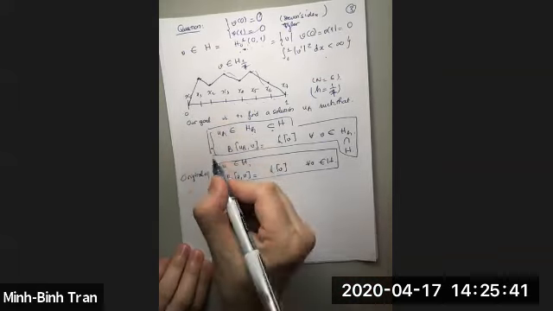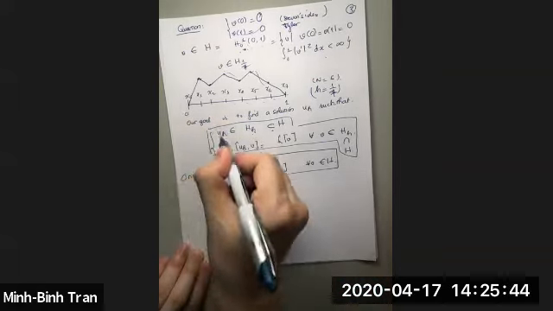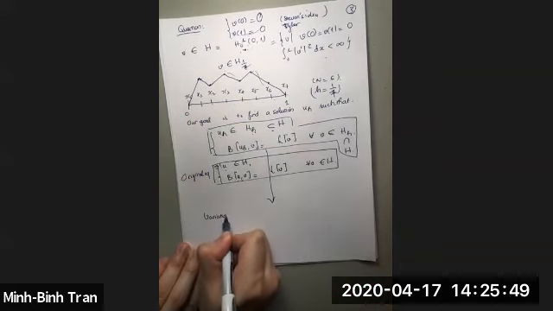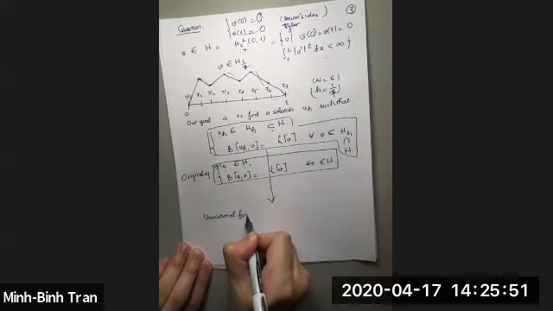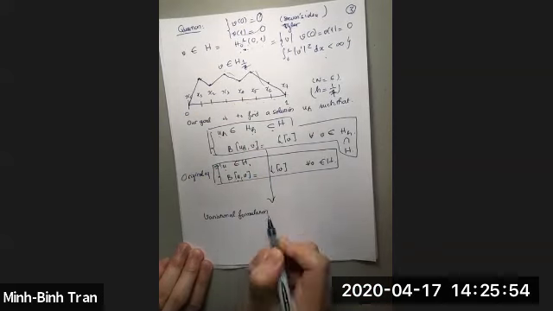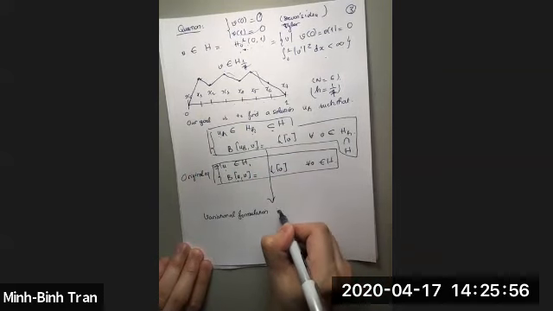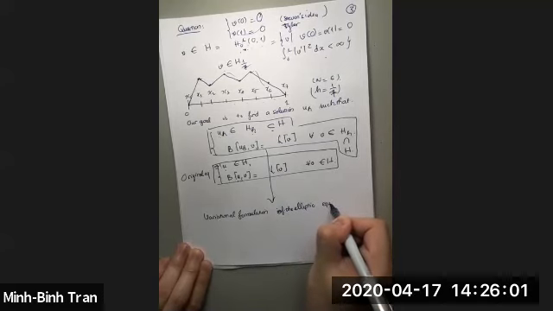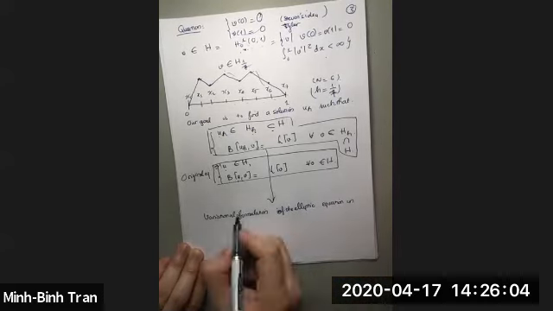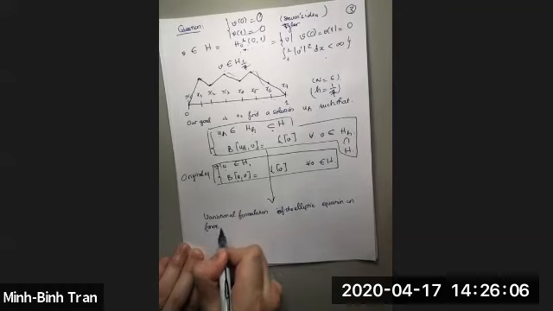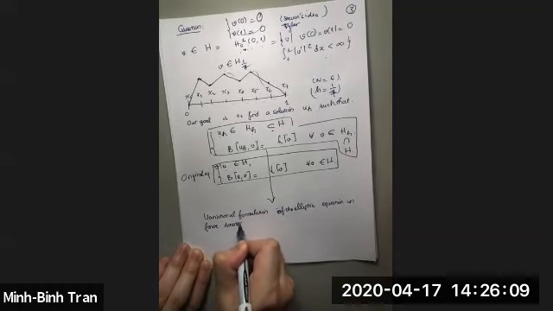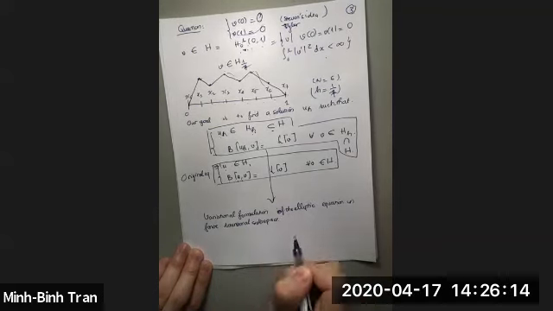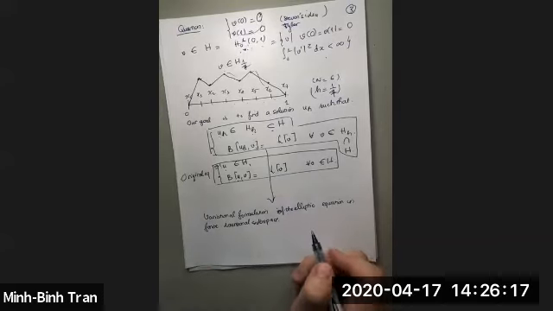So this is the finite... So this is the so-called variational formulation of the elliptic equation in the finite dimensional subspace VH.